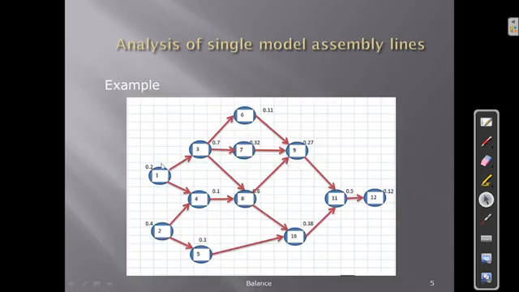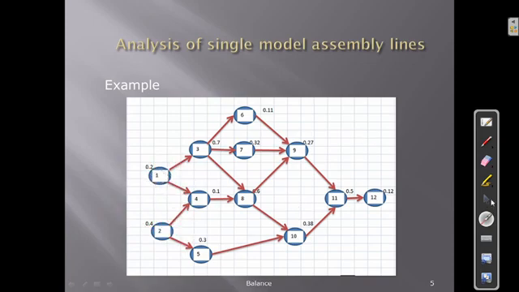Work element 1 and work element 2 have no predecessor, so we first draw these two with the minutes 0.2 and 0.4, as given by the problem table.